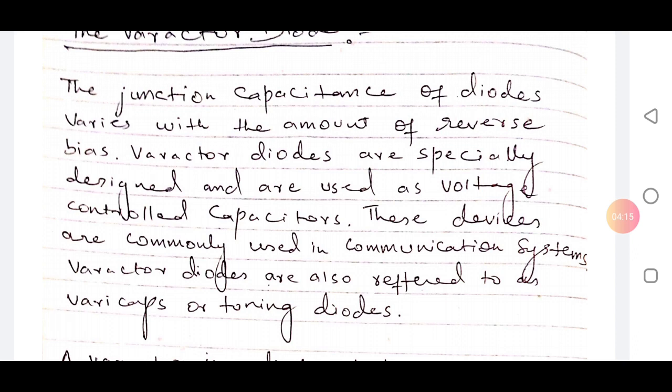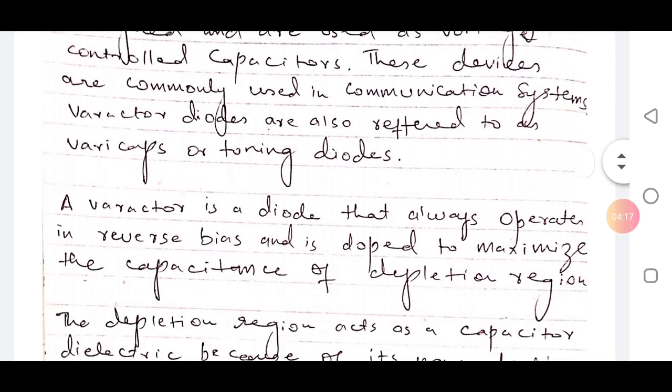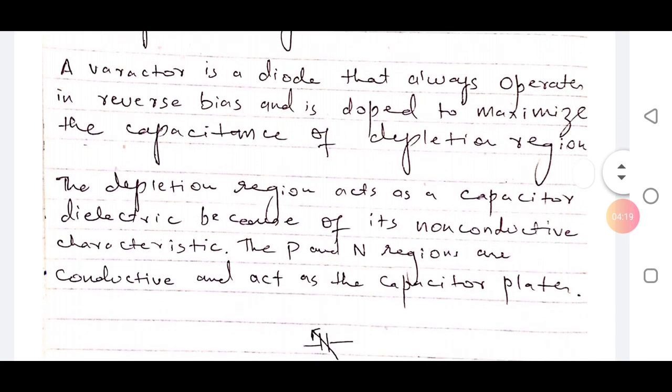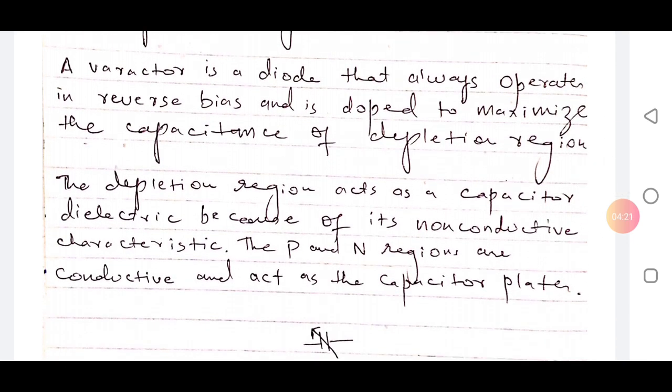Let's move on. A varactor is a diode that always operates in reverse bias and is doped to maximize the capacitance of the depletion region.